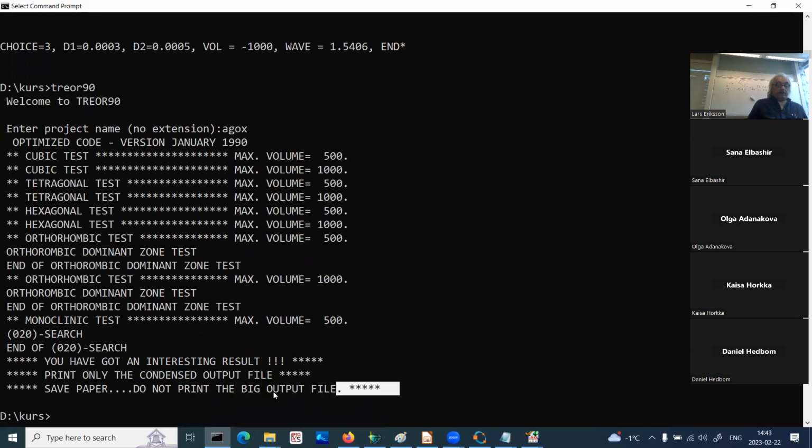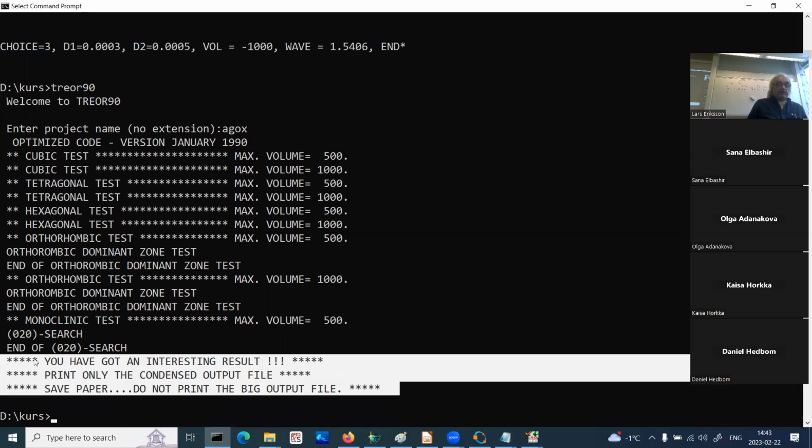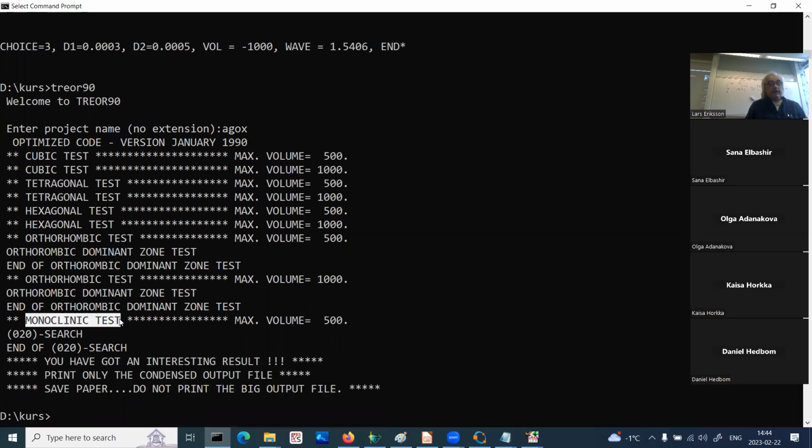It actually produced this nice, interesting result printout, but in a monoclinic unit cell test.